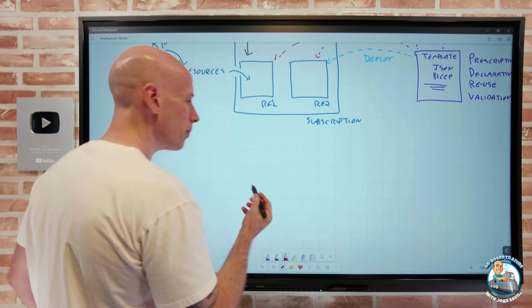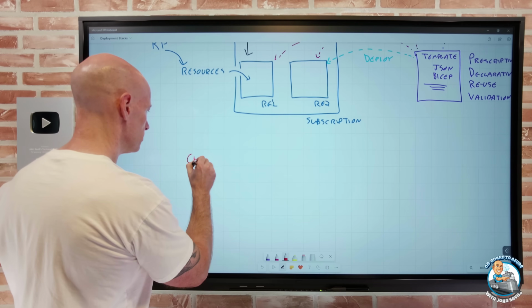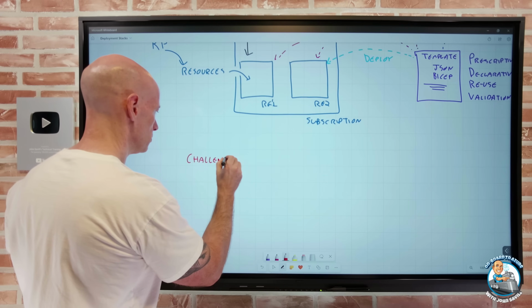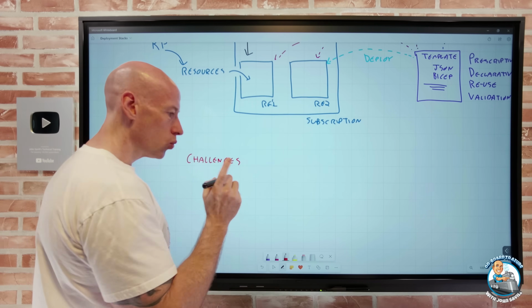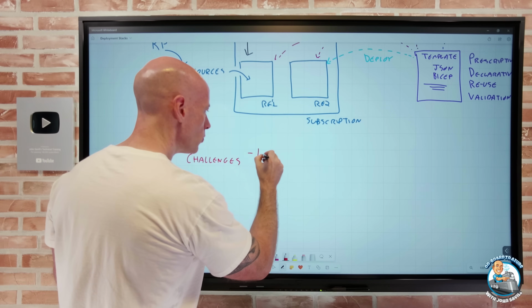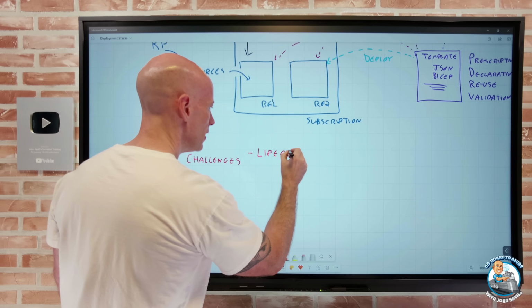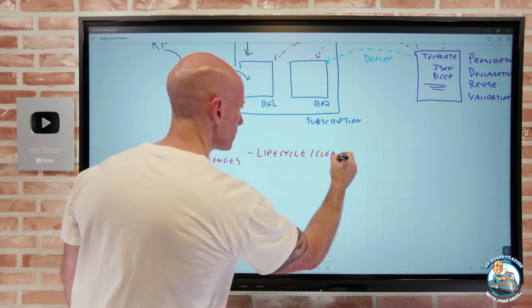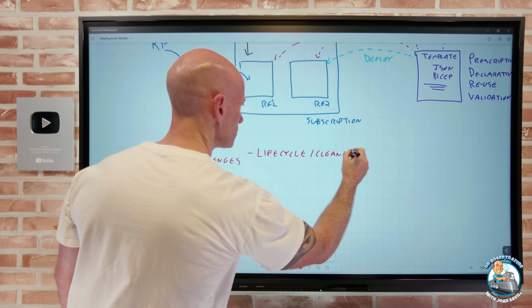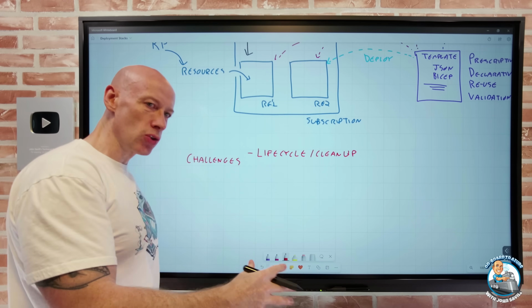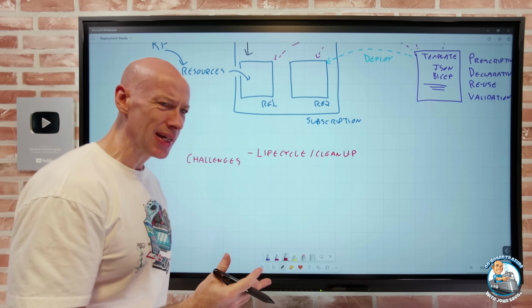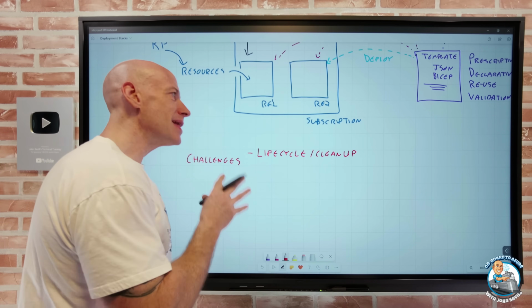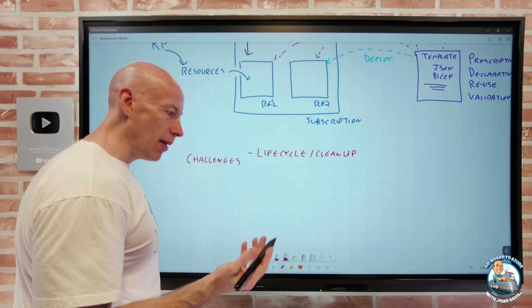So if we think about the pain points we have, challenge one is, how do we handle that life cycle long-term, and particularly the cleanup? If it's scattered over resource groups, scattered over subscriptions maybe, how do I easily clean those things up when I'm done with it?